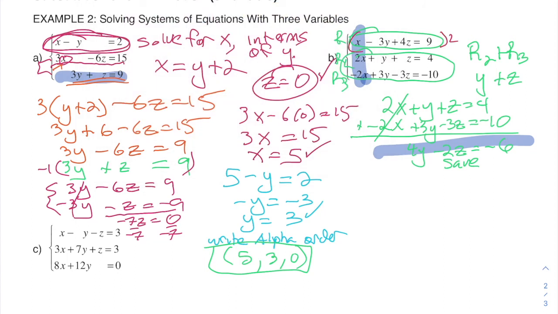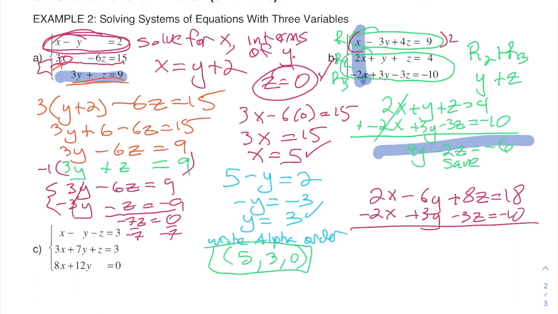So now my new row 1 is going to be 2x minus 6y plus 8z is equal to 18. And row 3 already has an opposite of negative 2. Negative 2x plus 3y minus 3z is equal to negative 10. And when I add these together, the x's are eliminated, which is exactly what I wanted. I get negative 3y plus 5z is equal to 8.